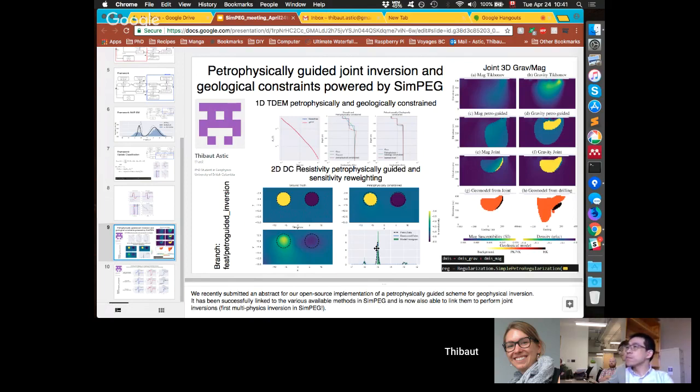If it's wrong, you're going to have an issue fitting your petrophysical data, it's going to be hard to fit. So one way is to maybe decrease your confidence in that value.